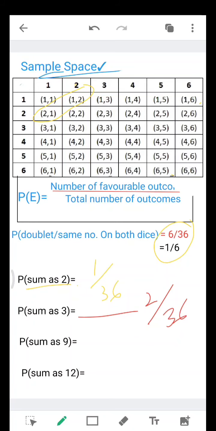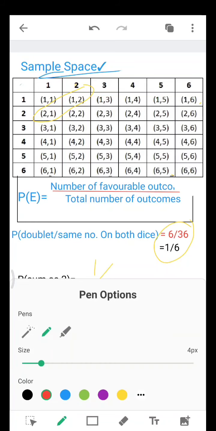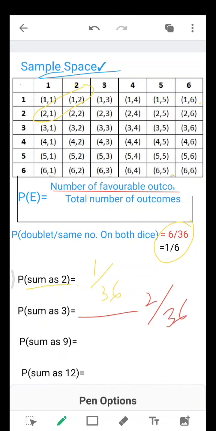What is the probability of getting the sum as 9? Next question. Sum as 9. Can you search which outcomes will give you the sum as 9? You can see this one, 3 comma 6, 4 comma 5, 5 comma 4, 6 comma 3.